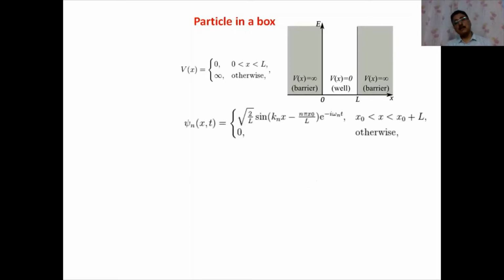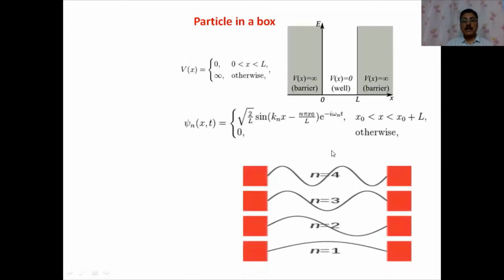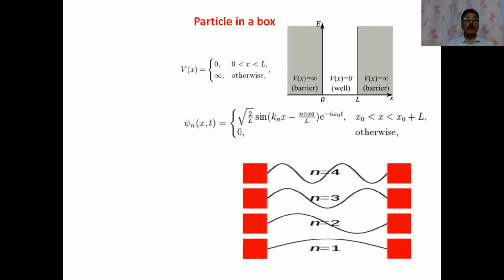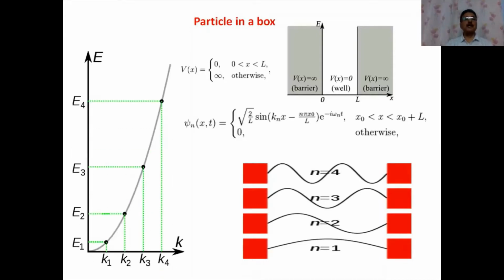If we solve the second order Schrödinger differential equation, these are the wave functions that we get for different n. If we plot these wave functions, we get this. For n equal to 1, 2, 3, these are the wave functions. And if we plot the energy versus k graph, we get this.